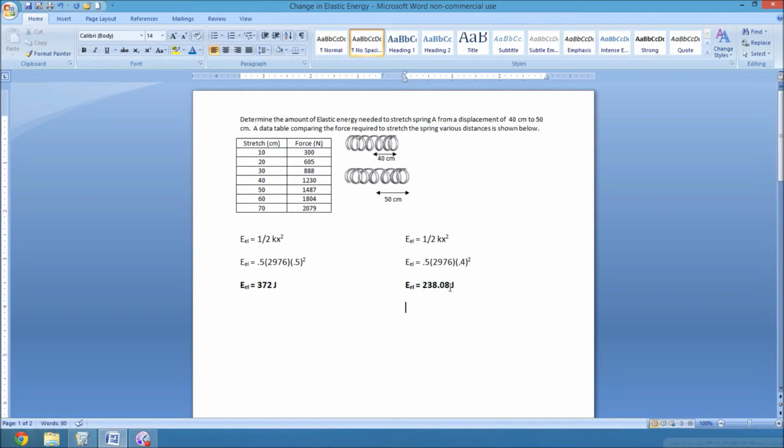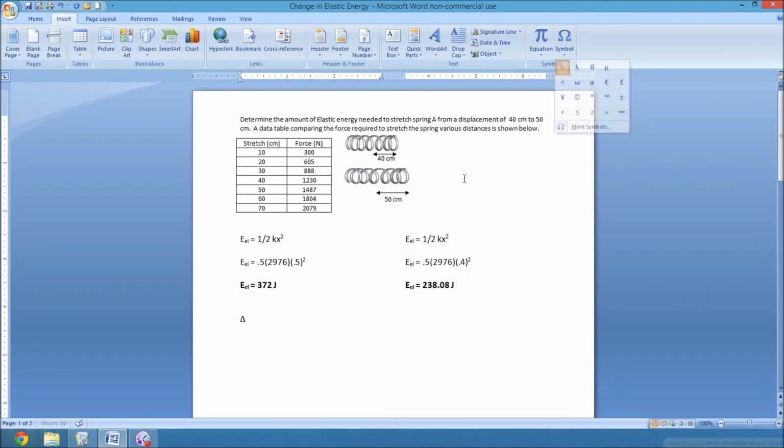So this is the elastic energy at this point, and this is the elastic energy at this point. We want to know what was the change in elastic energy from here to here. That sounds like subtraction. So the change in elastic energy is equal to 372 minus 238.08.